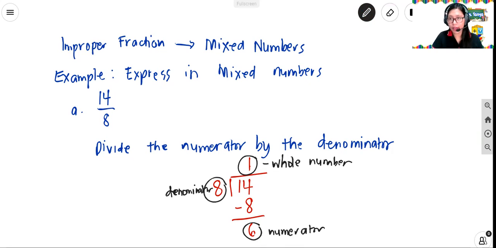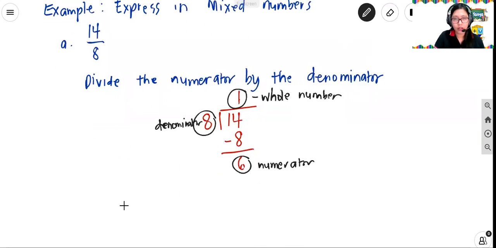Hence, our answer: 14 over 8 in mixed fraction is equal to the whole number 1, the numerator 6, which is the remainder in the division, over the denominator 8.